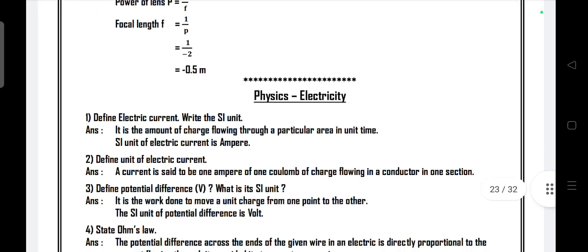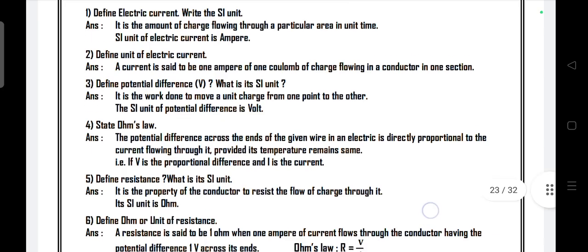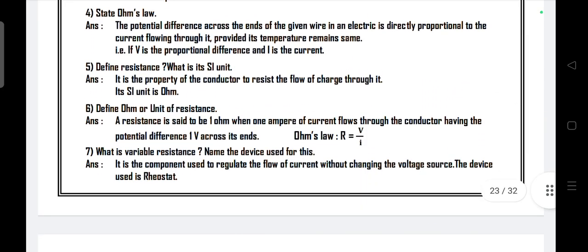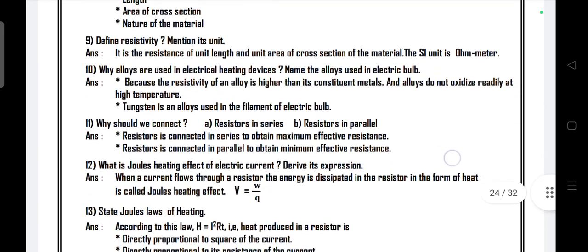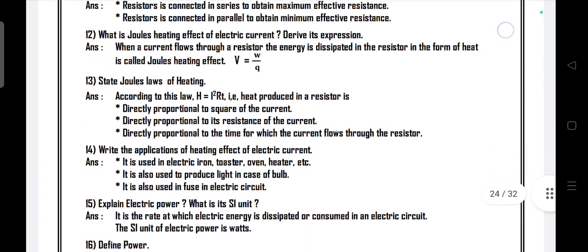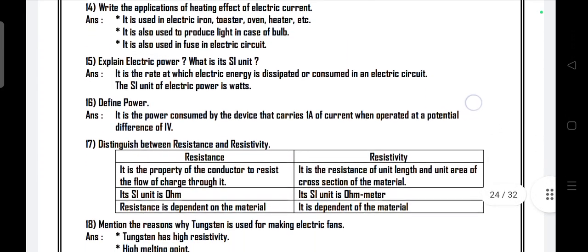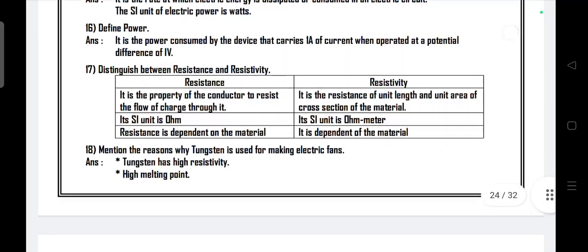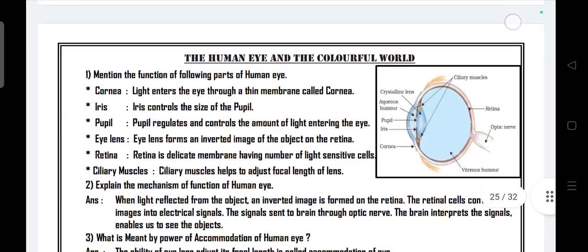Then chapter electricity. Then human eye and the colourful world.